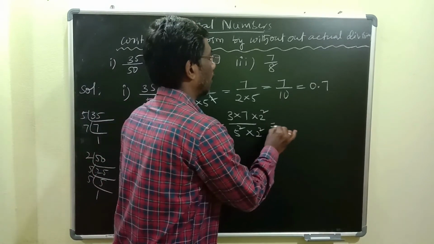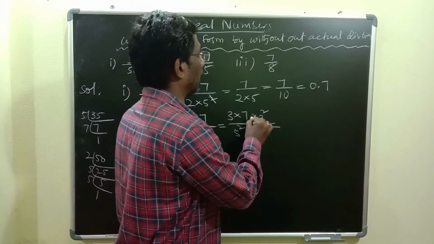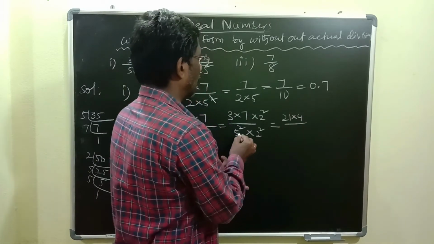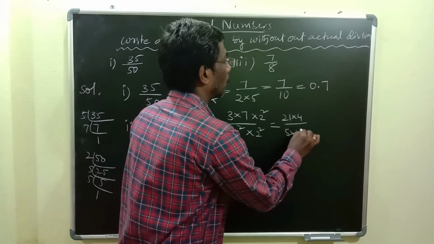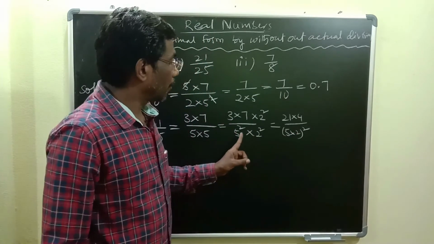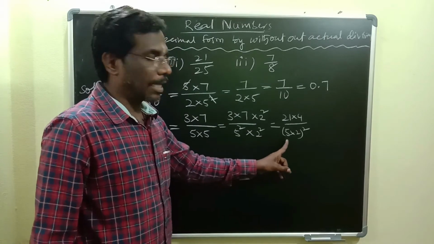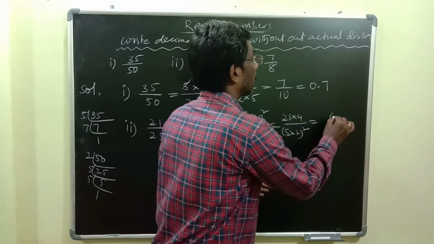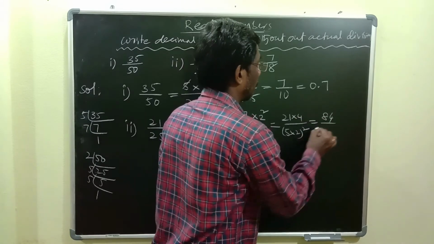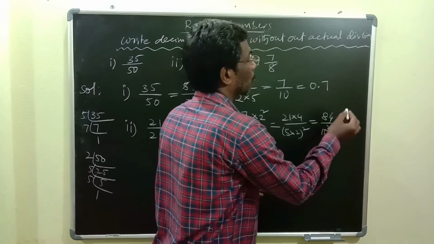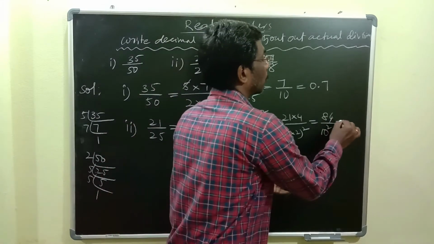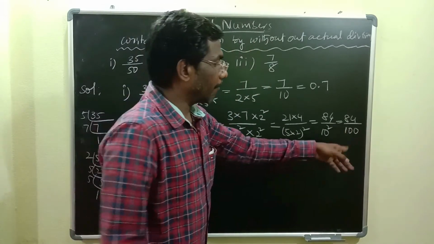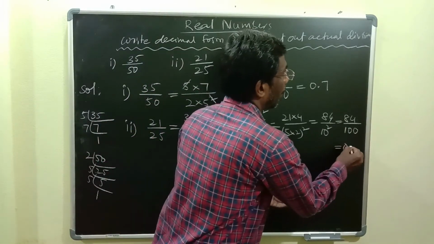If we simplify, 3 sevens are 21 and 2 square is 4, so 21 into 4 by, and it can be written as 5 into 2 whole square. 4 ones are 4, 4 twos are 8, so 84 by 10 square, which is 84 by 100, which can be written as 0.84.